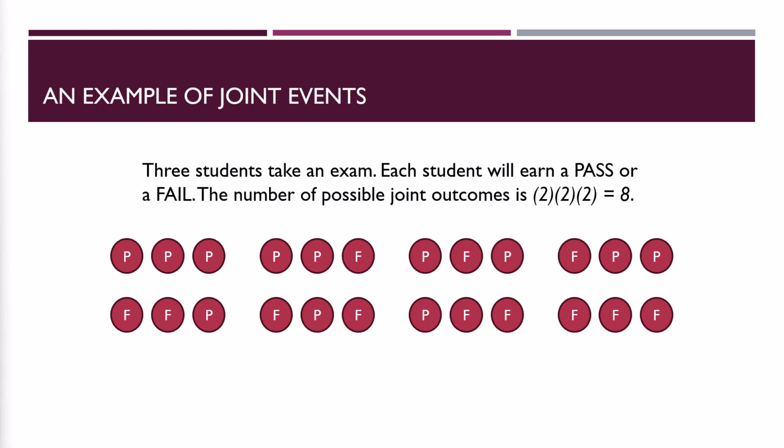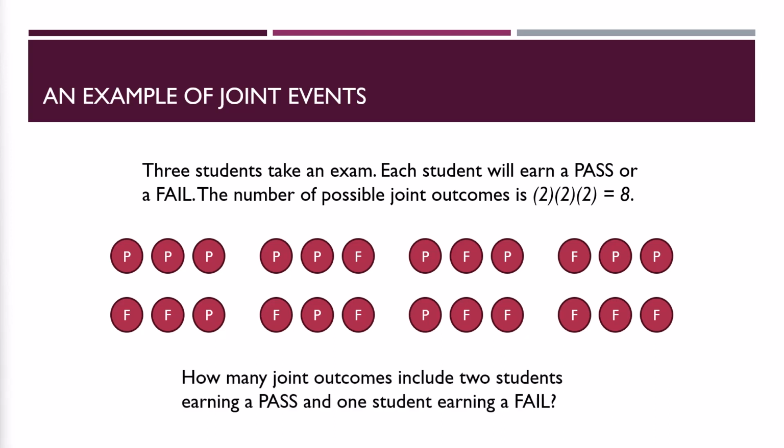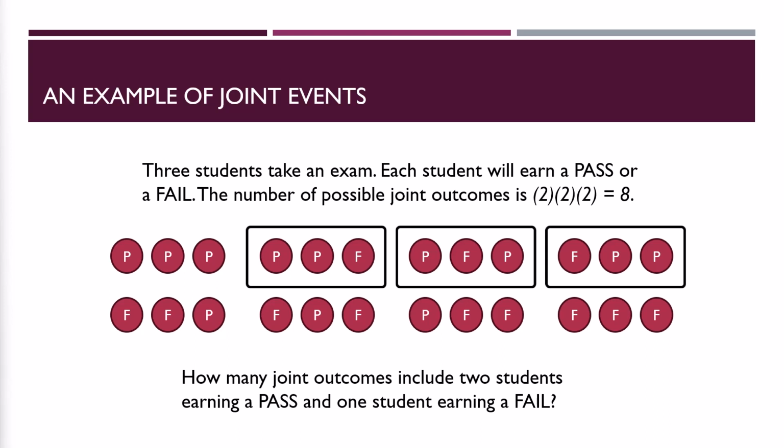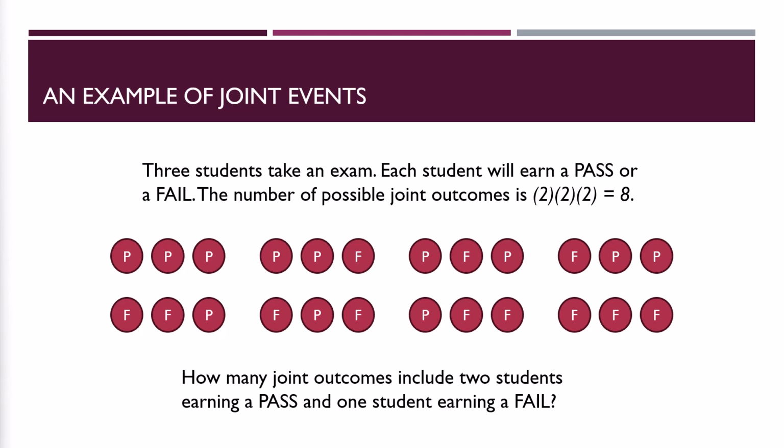The question of interest is, how many joint outcomes include 2 students earning a pass and 1 student earning a fail? In this example, we can easily answer the question by counting. It is 3. Yet I wouldn't want to do this counting if there were 12 or 15 or 100 students taking the exam. That is where the binomial coefficient can help us.